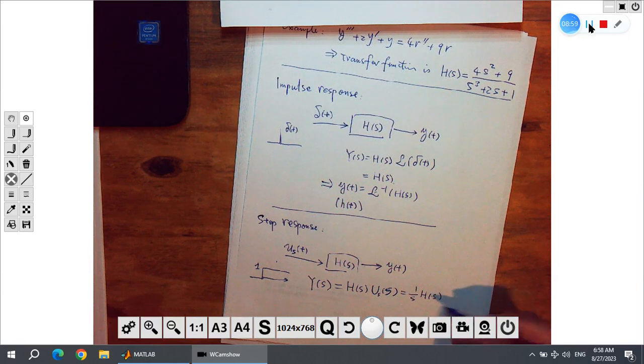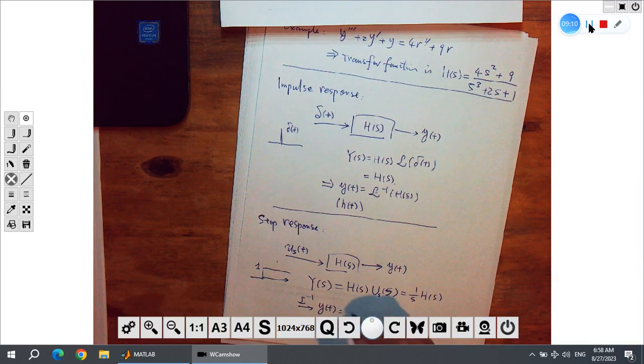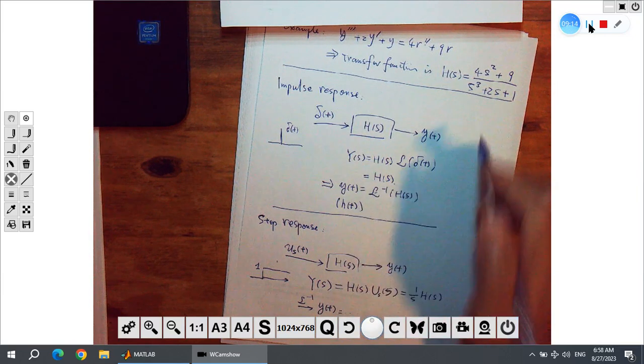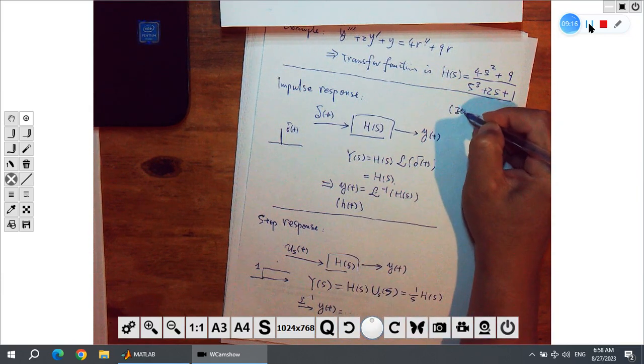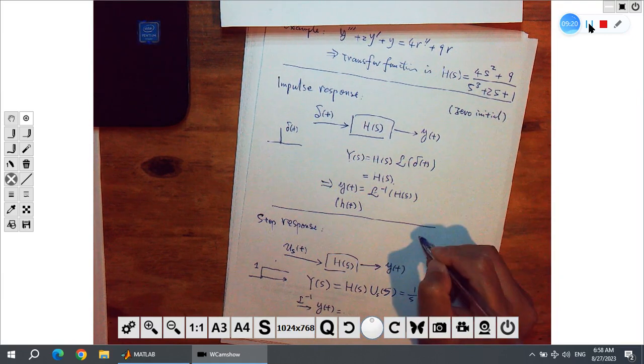That depends. You need to do some calculation. If you know what H of S is, then by the inverse Laplace transform, you have Y of t equal to something. Of course, here we require zero initial conditions.